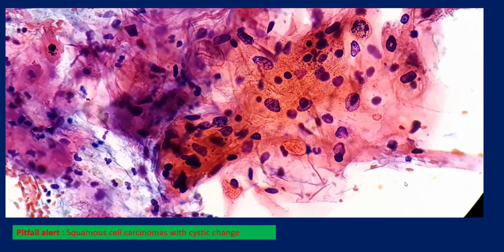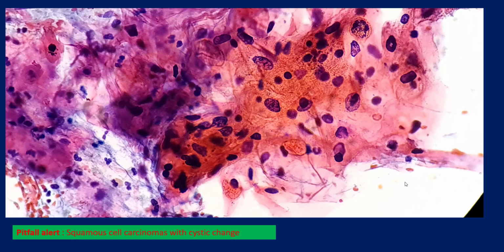Be extremely careful of the next pitfall alert. Squamous cell carcinomas can undergo extensive cystic change. If you see a picture like this with pleomorphic squamous cells, you are not going to make a mistake, but there are situations where the squamous cells can look deceptively benign. So be very careful.